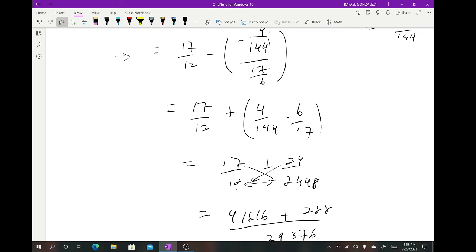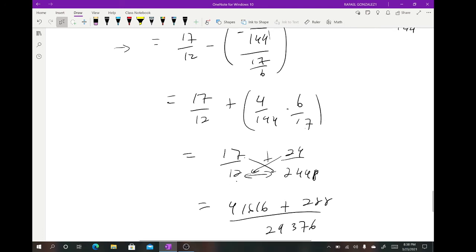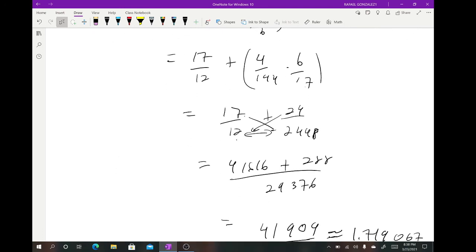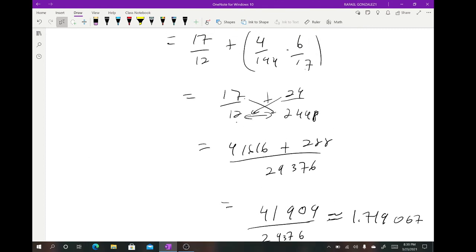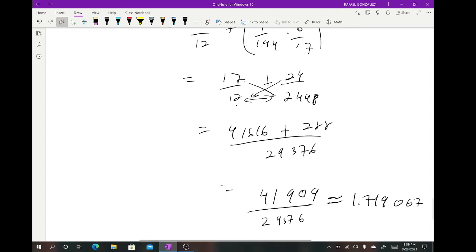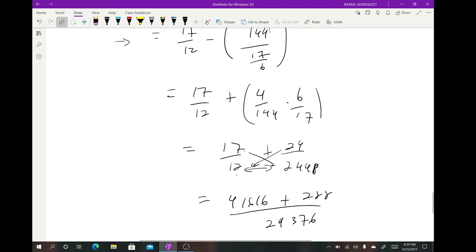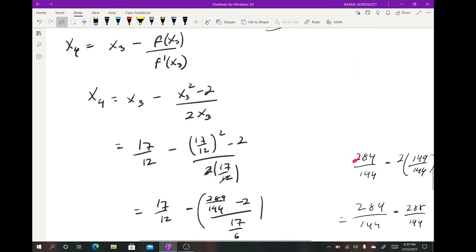Now 17 times 2,448. That's 41,616. 12 times 24. That's 288. 288 plus 41,616 is 41,904. The denominator 12 times 2,448 is 29,376. No, that's correct. Alright, so that's the solution.